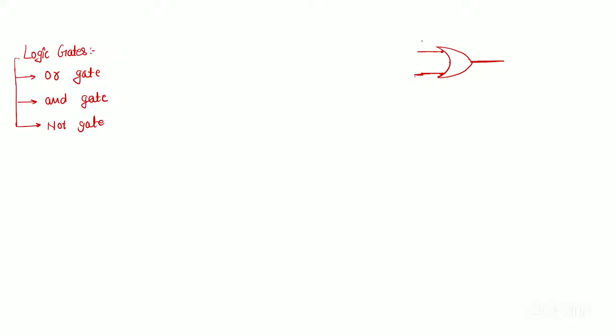If I provide zero signal here and zero here, the truth table will be, this is input A, this is input B, and this is output Y. There are only two types of signal, either zero or one, low or high. When A is zero and B is zero, the resultant Y for an OR gate will be zero.